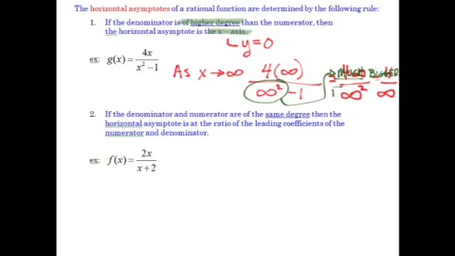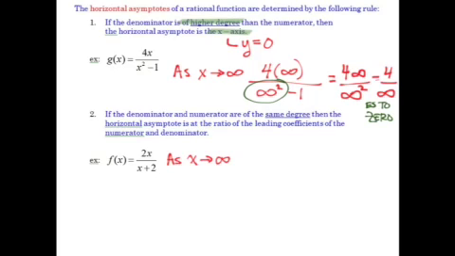And so when we calculate those, we get 4 over infinity, which dominates, is much bigger. And so we go to 0 if we have a higher power on the bottom. So it goes to 0.